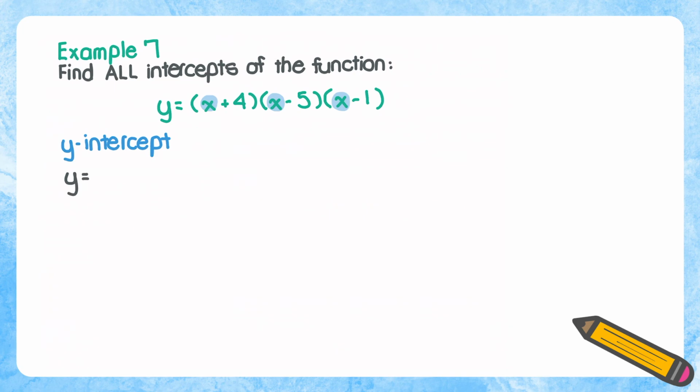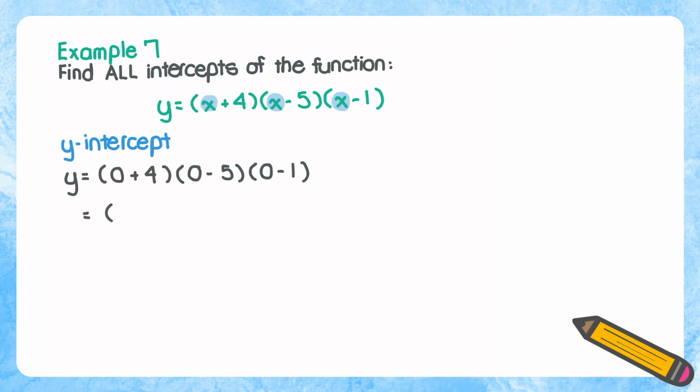So we're going to have y equals parentheses 0 plus 4, then another set of parentheses, 0 minus 5, then times 0 minus 1.